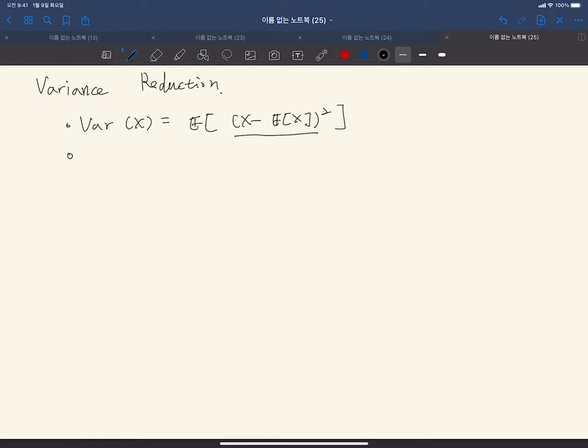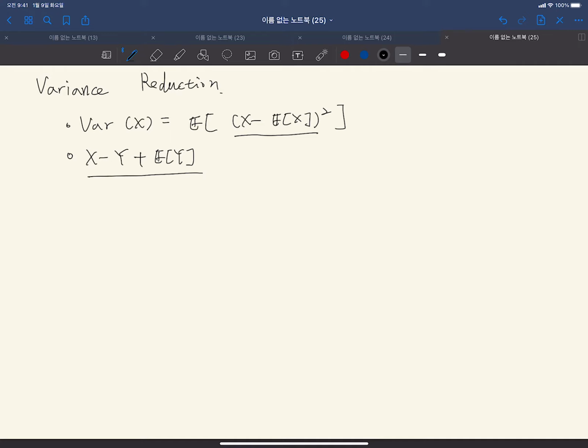by introducing some auxiliary random variable Y. When we subtract Y and add the expectation of Y, we can keep the expectation.